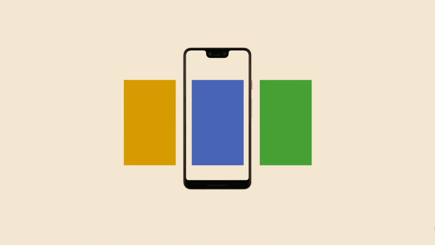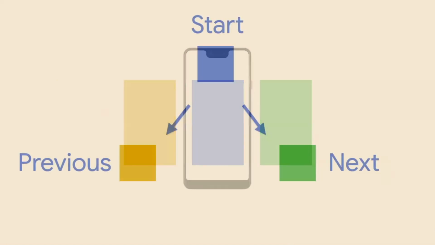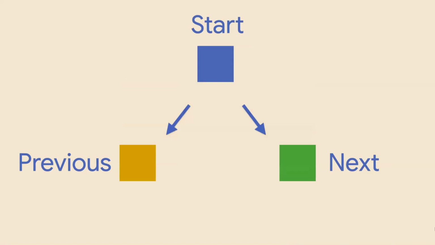And the whole trick is that we essentially move things around so that we still reuse those same views, but by simply moving them around correctly and updating them with the right stuff, it will look like we have an infinite list.